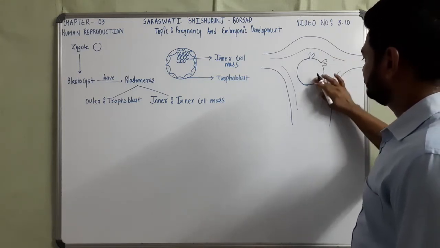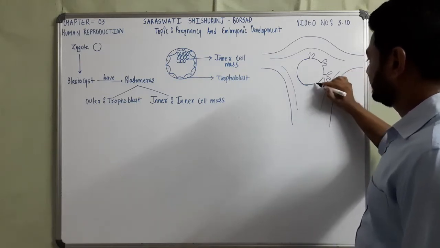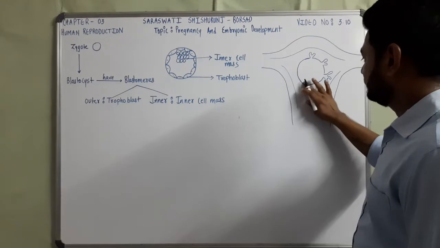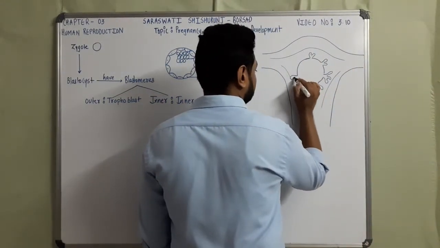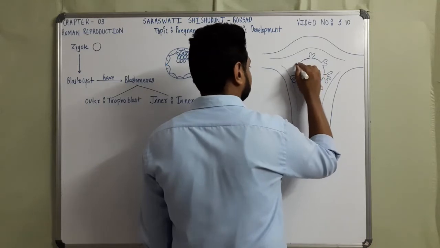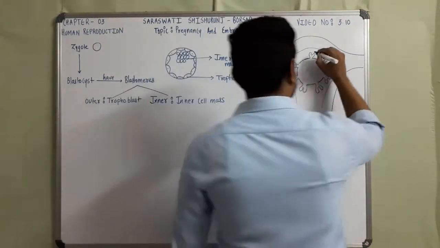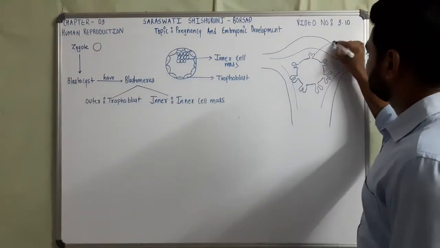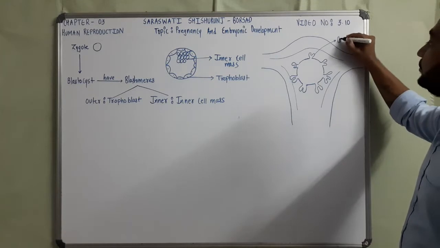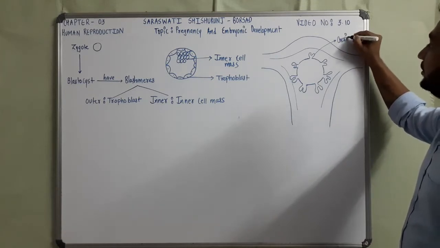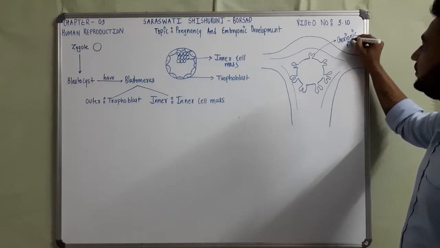So these are the finger-like projections of the outer cell layer, which is referred to as trophoblast, and this helps to interdigitate with the maternal tissue, right? These projections are referred to as chorionic villi.